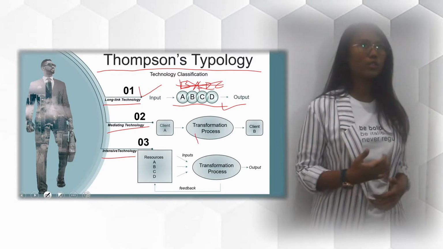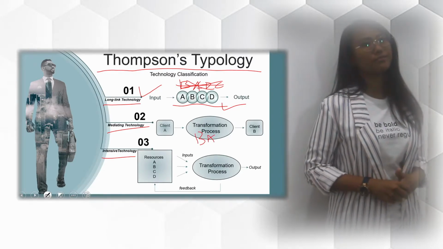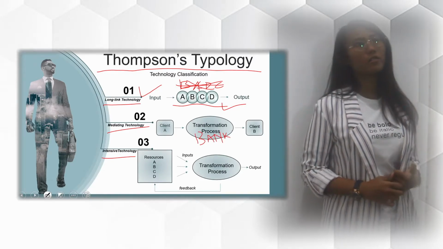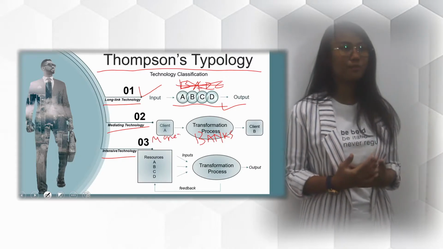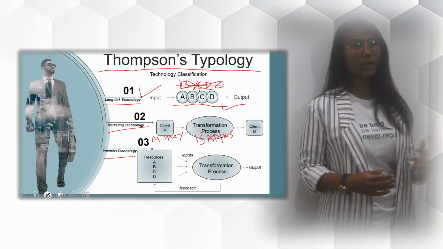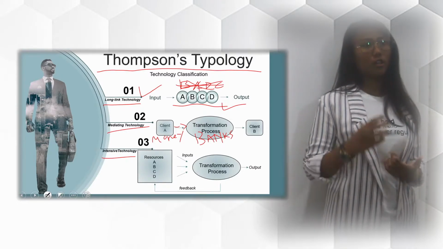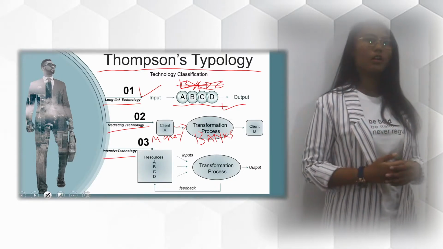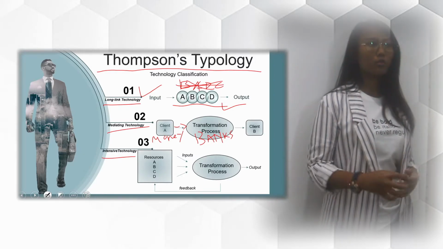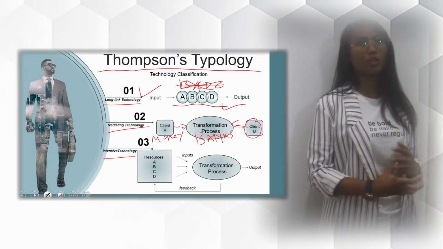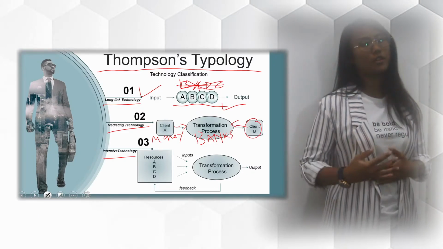So just imagine the mediator is a bank. Client A is the one that has the money. He wants to make a deposit, so he goes to the bank and puts the money in the bank. Client B is a businessman and he needs money to develop his business. So he goes to the bank, takes a loan, and gets that money to develop his business.